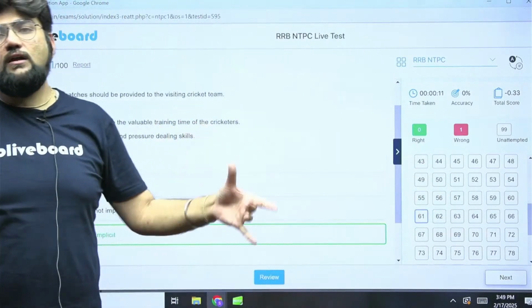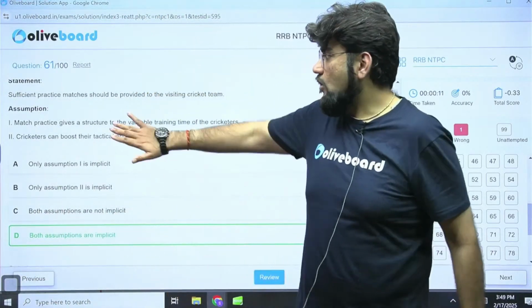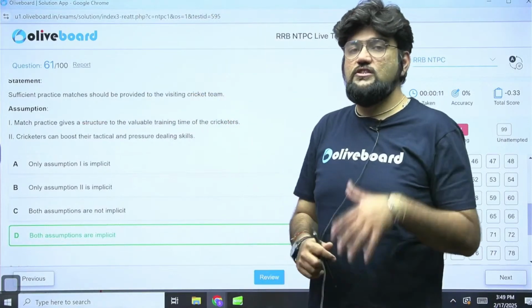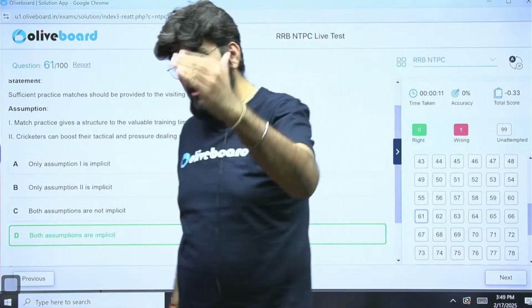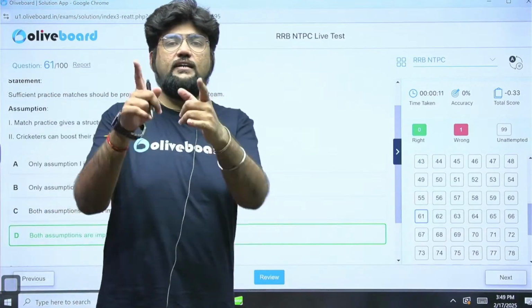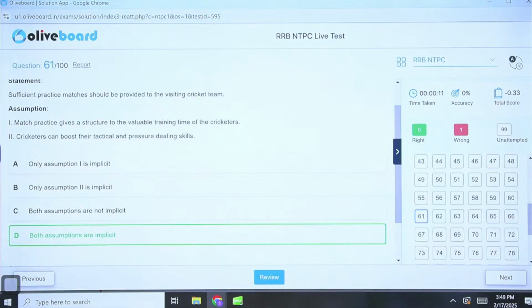May be true in terms of conclusions or inferences, not true in terms of assumptions. Whenever we talk of assumptions, that is never going to be mentioned in your statement. Assumptions are something at the back of the mind of the author, which while writing, he thought to be so obvious that he did not share it with you in the written format. Got it? Remember this, guys, it's only going to help you.